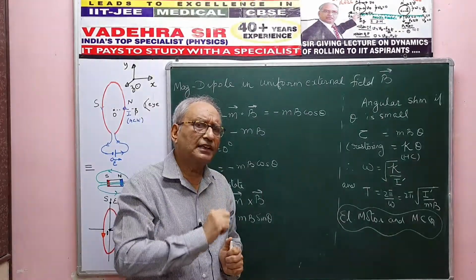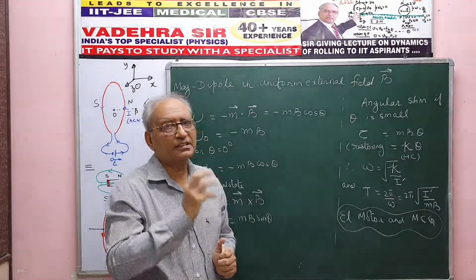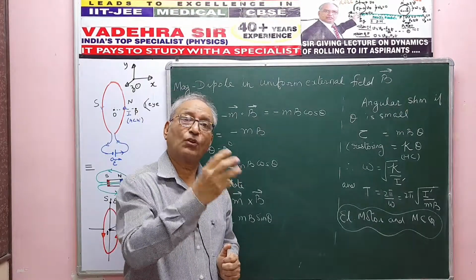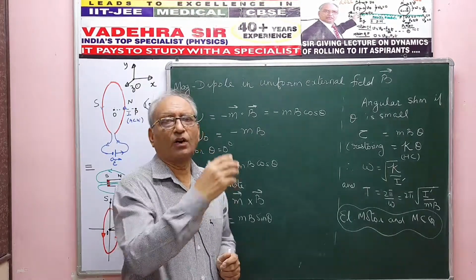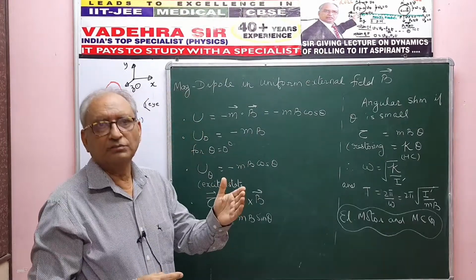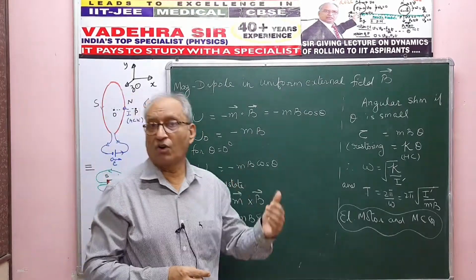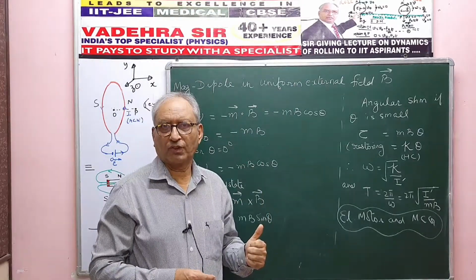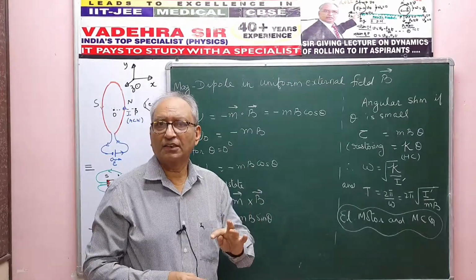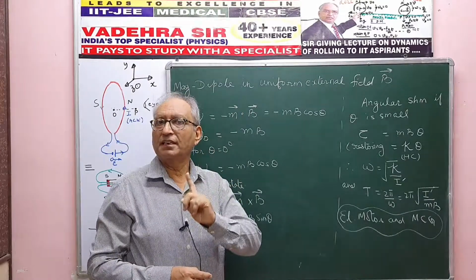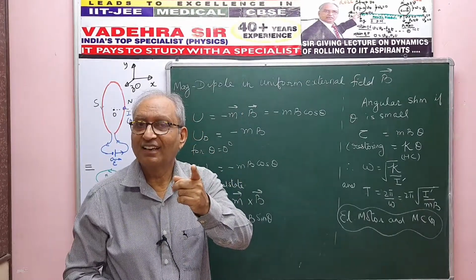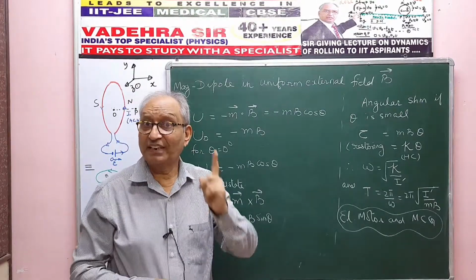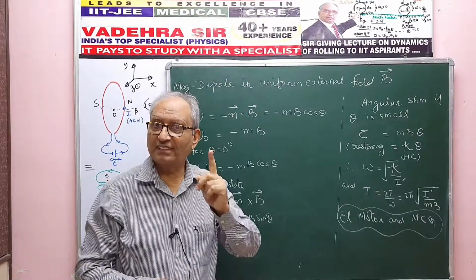Now, what if the field is not uniform? Then surely, apart from the torque, it will also have a force, because on the pole where the field is strong, there would be a greater magnetic force, because the magnetic force once again would be Q times B. But mind you, Q here is the magnetic charge, unit ampere meter, the pole strength.